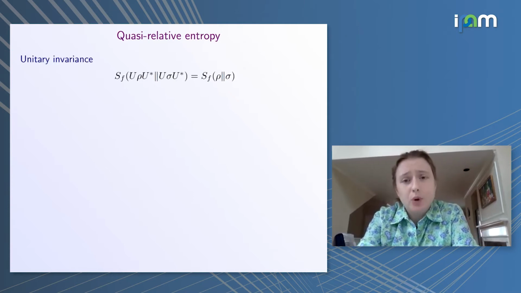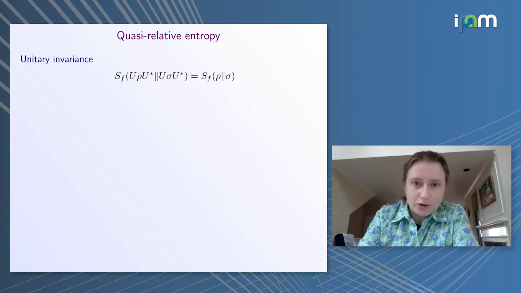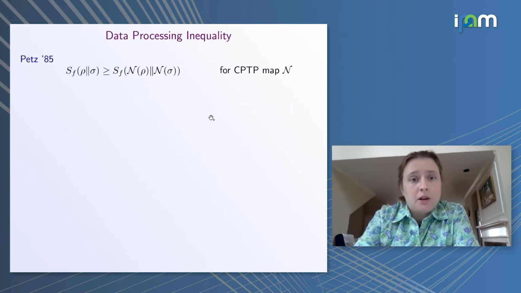The properties of the quasi-relative entropy are in a way similar to the relative entropy. It's invariant under unitary transformations. It's non-negative, and it is 0 if and only if the states are the same, which is really useful.